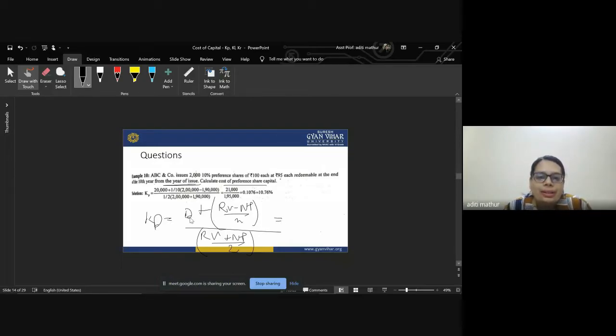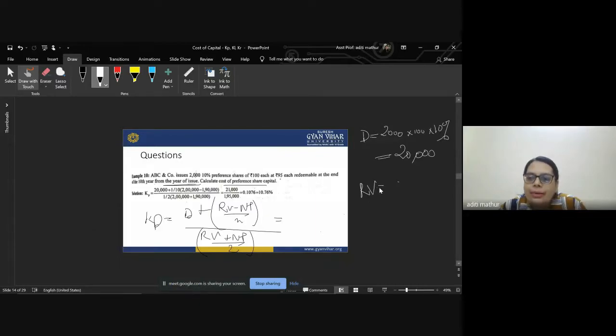Right? And now let us identify what all elements are given to us. We have to first calculate the dividend. So dividend is always calculated on the face value. That is why dividend is equal to 2,000 into 100 into 10%, which is equal to 20,000. Right?